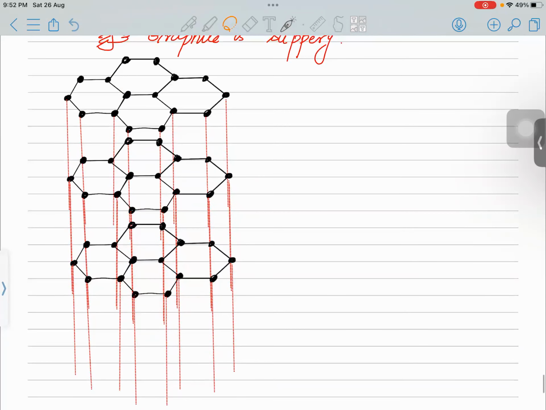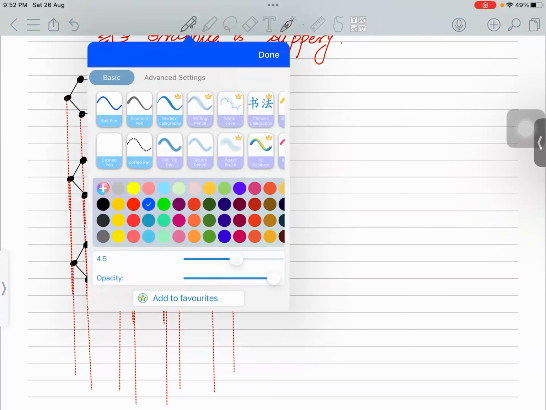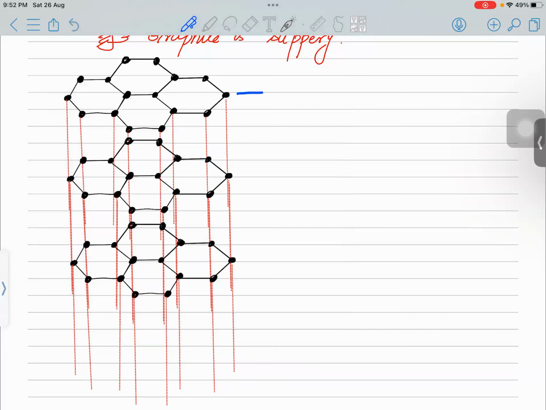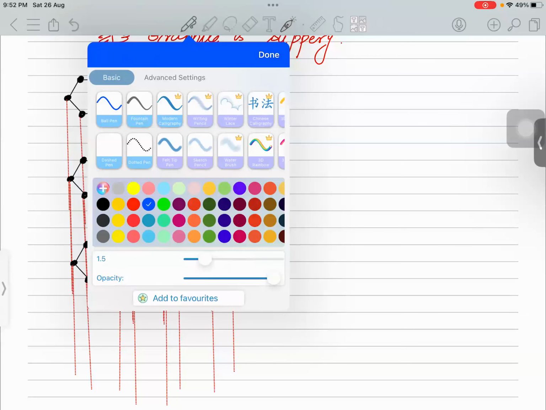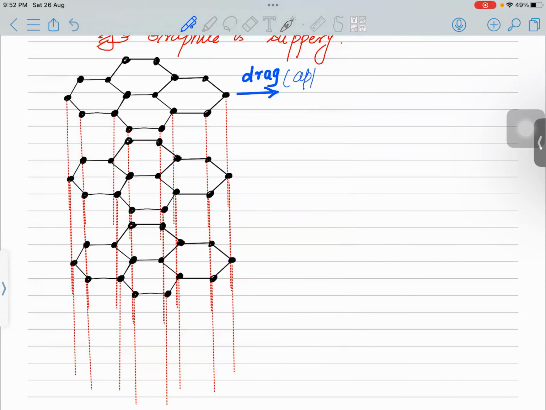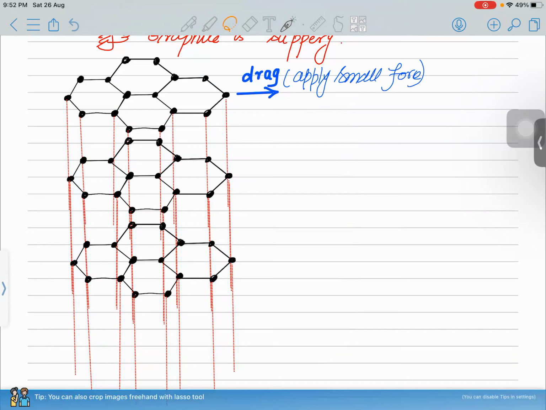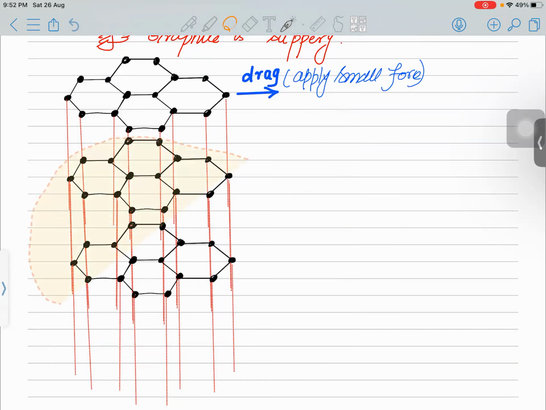So when you drag or apply a small force, the shape is totally changed.